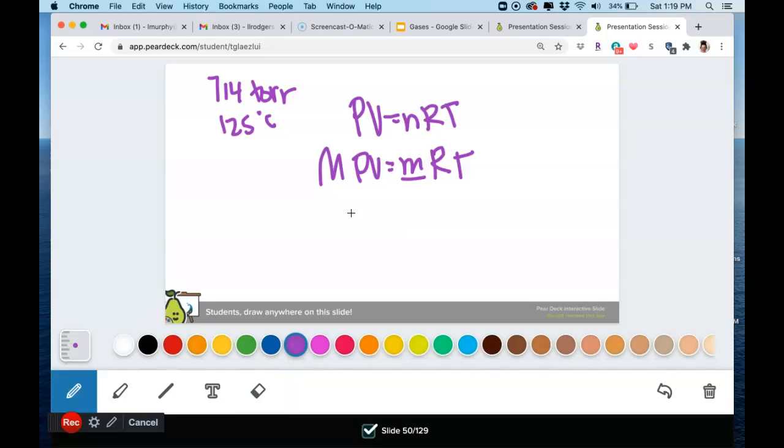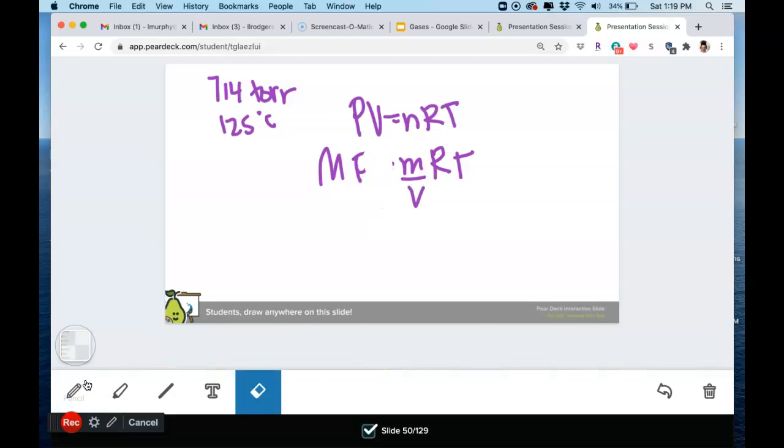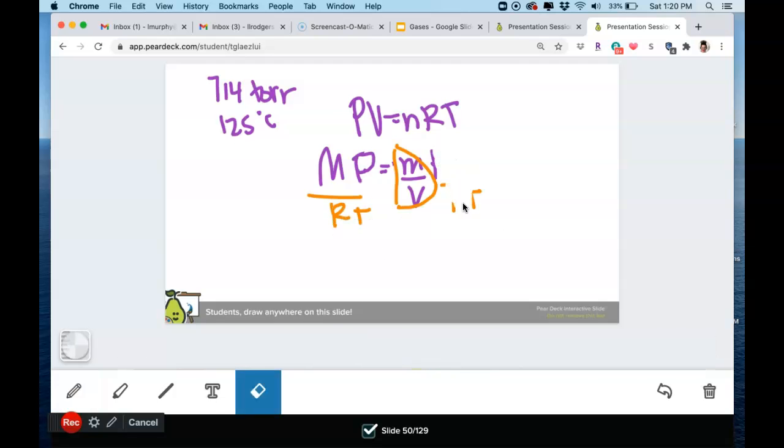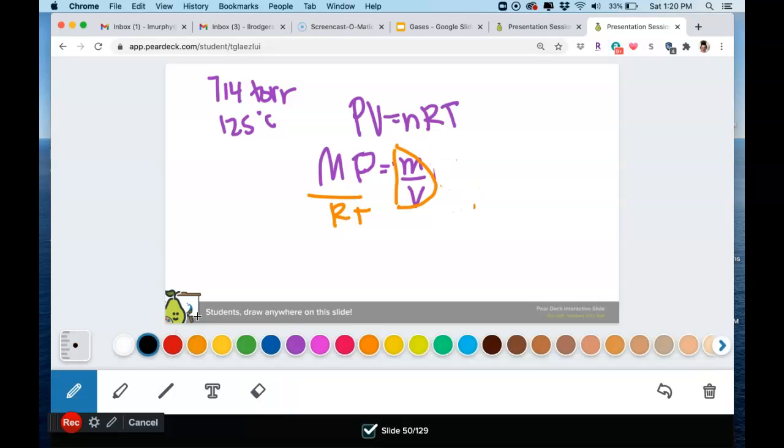Okay, divide by V. Now this right here is density. So divide both sides by RT. And we get molar mass times pressure divided by gas law constant times T. So we're just going to plug in.